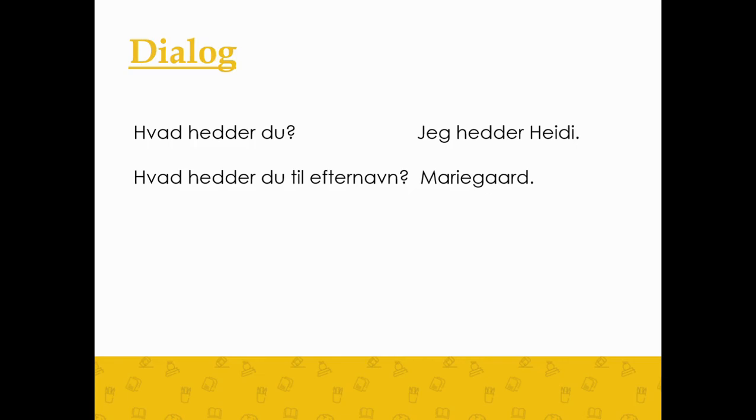Mariegård. Now, maybe when I said Mariegård, you figured that was difficult to understand, and you want to ask me to repeat it. In Danish, you would say, Vil du gentage det? So, can you repeat that? Ja, Mariegård. Yes, Mariegård. Vil du gentage det is, can you repeat that?